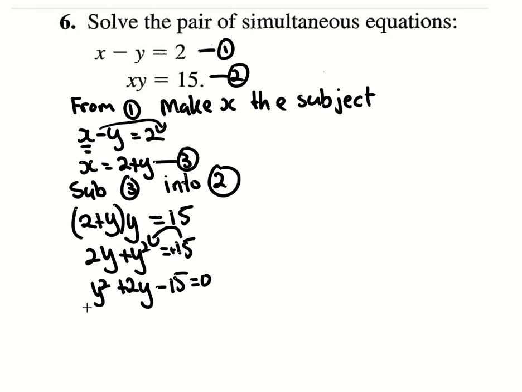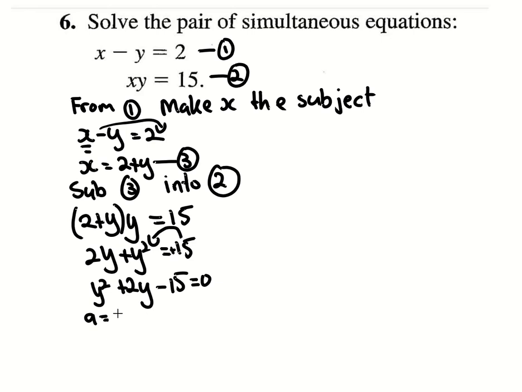Now this here is a quadratic equation, right, where your highest power is 2 and it's going in the form of ay squared plus by plus c. All right, so therefore a is my coefficient or number and sign that is in front of my y squared.